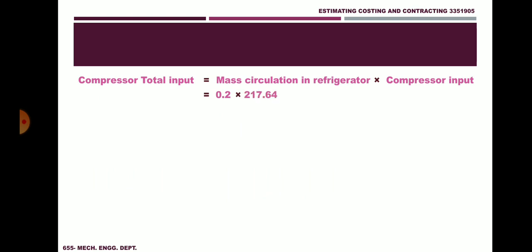Now the total compressor input equals mass circulation of refrigerant into compressor input, so 0.2 into 217.64, which is equal to 43.52 kilowatt. Why is there a unit of kilowatt? Because the compressor runs on a motor, and the motor has a unit of power, kilowatt.